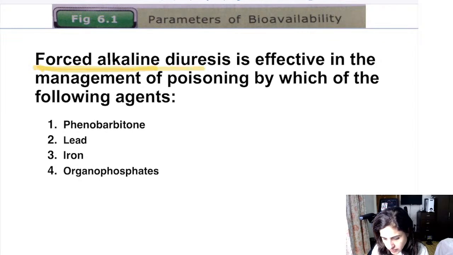Read this one, right? Forced alkaline diuresis is effective. Cmax, no, Cmax is not the same as bioavailability.